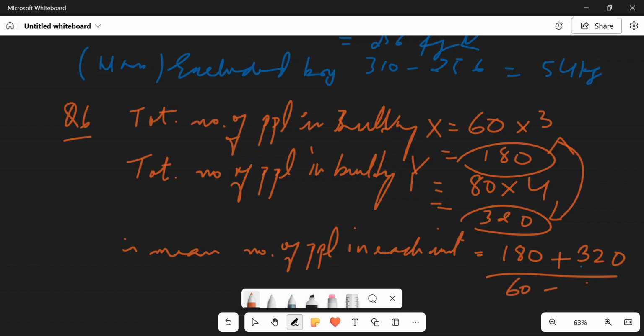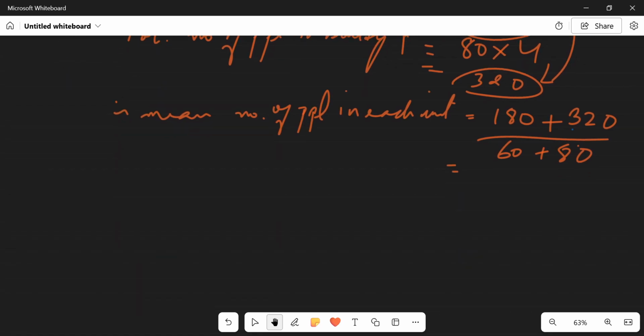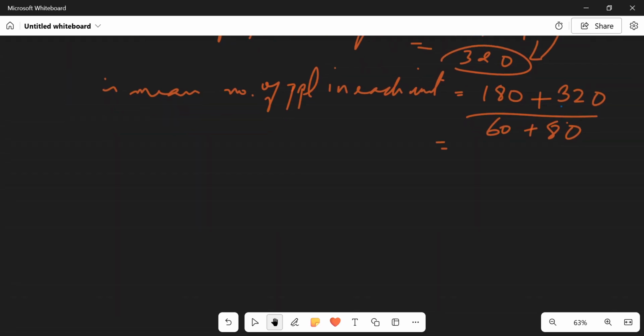Now when we solve this, add them and then divide, and you will get the answer. The answer is 3 whole 4 over 7.